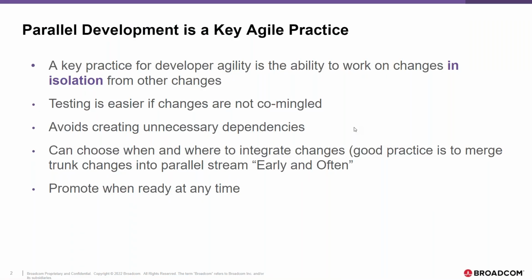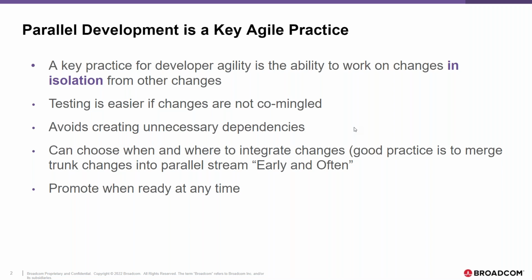One of the reasons we've tackled this particular feature is that parallel development is a key practice for agile development methodology. You want to create isolation for all of your changes.